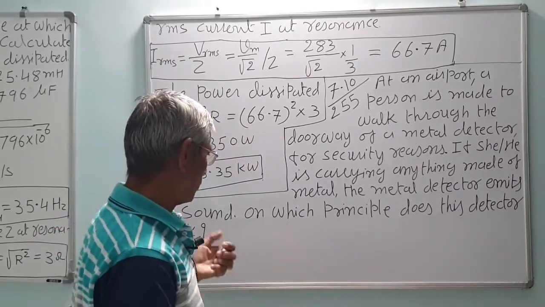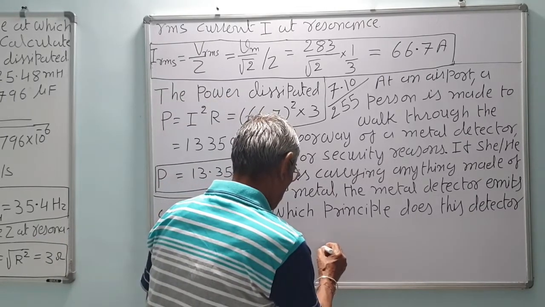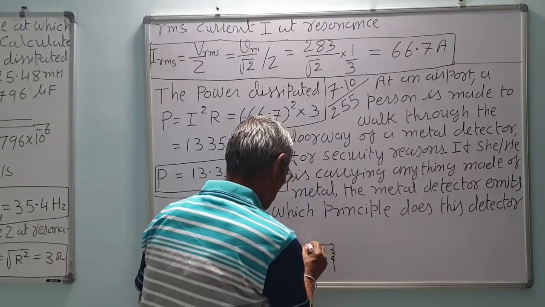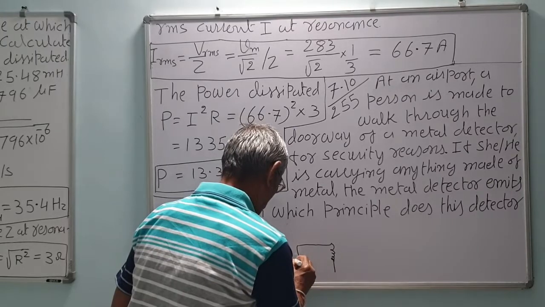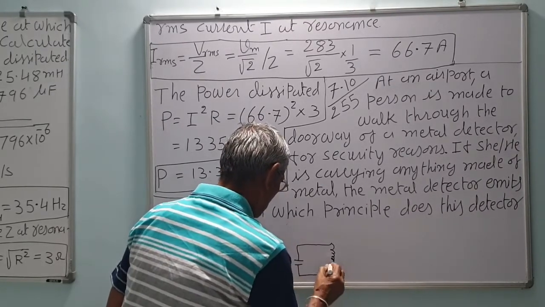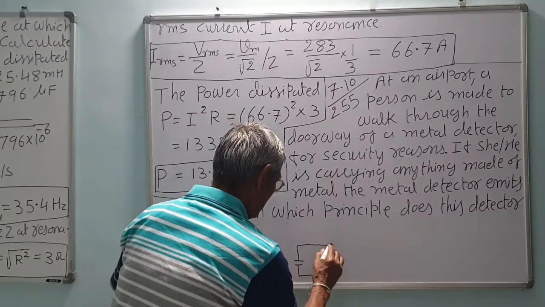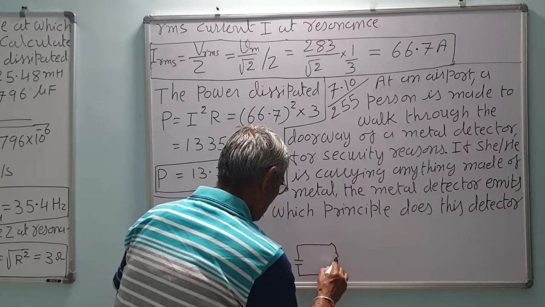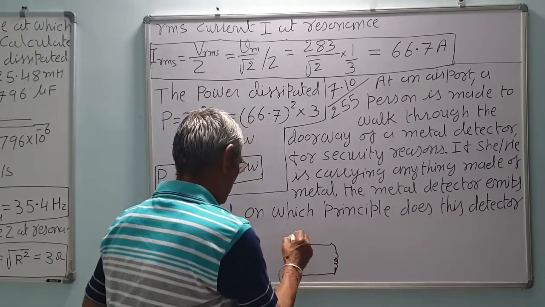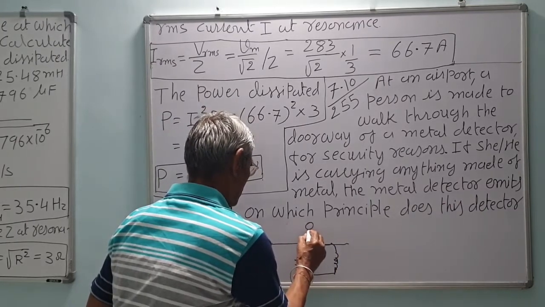There is a coil on which you are walking. This coil is tuned with the capacitor. This is a tuned circuit, a resonance circuit. It is in resonance when you walk.